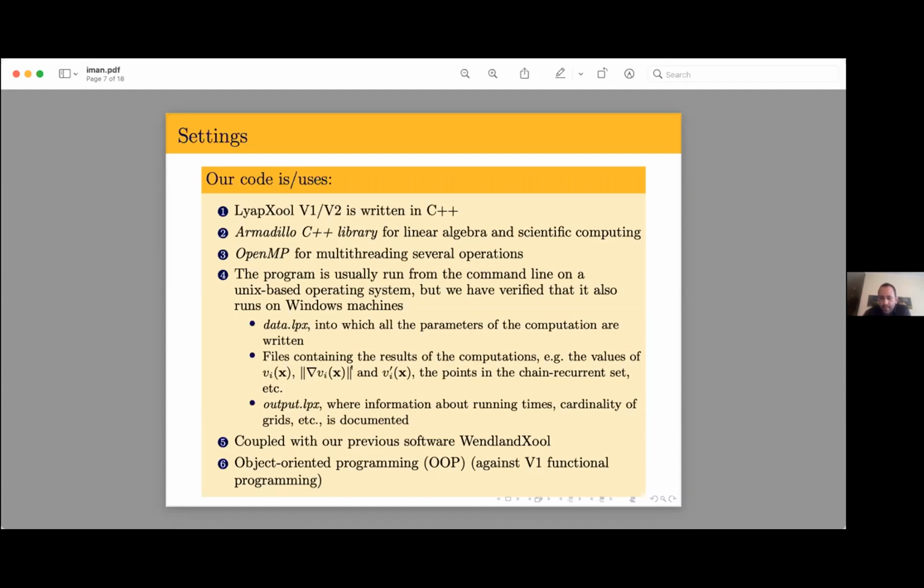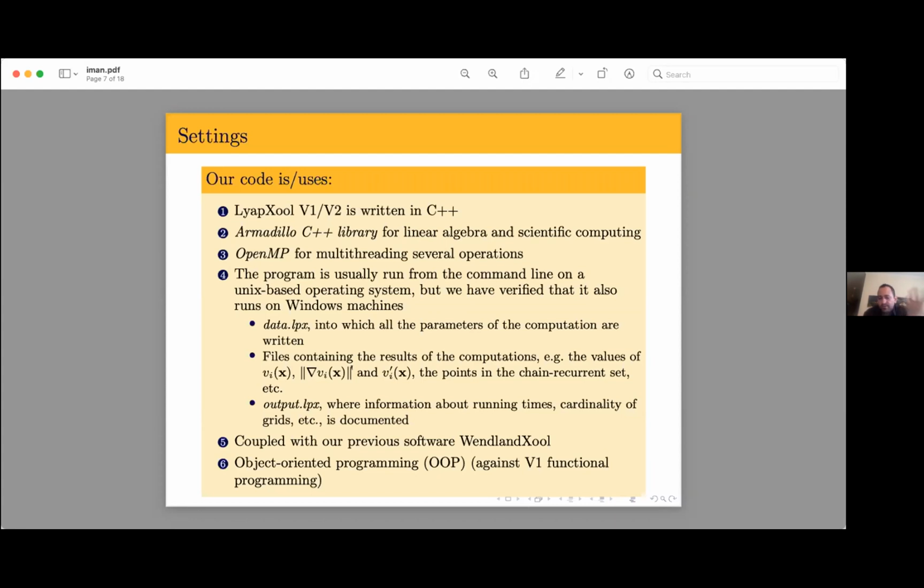It's written there. Now, it is coupled with our previous software, Wendland Shoal, which we use to construct Wendland functions. And since we were working on Lyapunov functions, it was natural to construct all this in a coupled way.